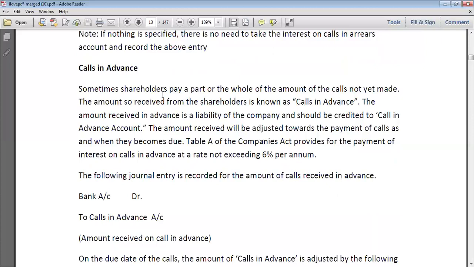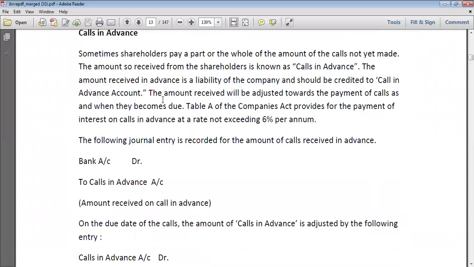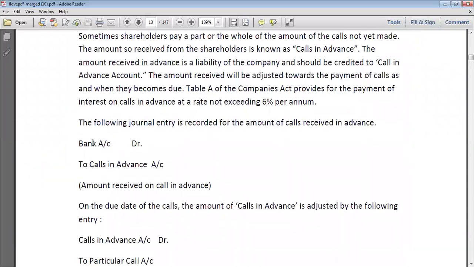Then that amount is known as calls in advance. What entry will be passed at the time of calls in advance? Bank account debit to calls in advance. Here the bank is the receiver, and calls in advance is a liability, not income, for us. That's why we will pass bank account debit to calls in advance.